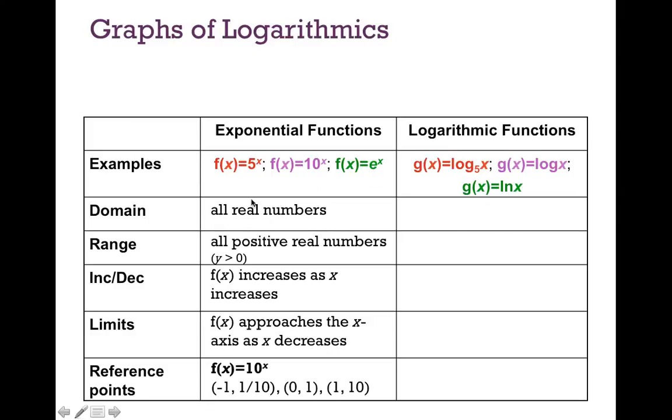So if I have a domain of all real numbers, that's going to become my range. And if I had a range of all positive numbers, that's going to become my domain. So now my domain is all positive real numbers, which is the same as saying x has to be greater than 0. And it's my range that's going to be all real numbers.